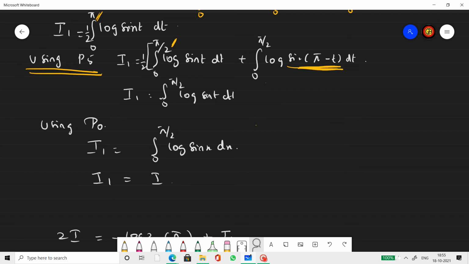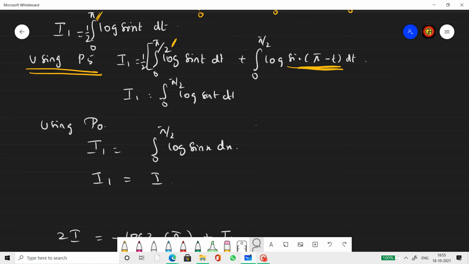So, t to x form, the 0 to pi by 2 limit remains as it is, log sine x dx will come. Now, this is nothing but the question itself from the limits perspective also and from the terms perspective also. So, we can write this as I. So, I1 is I itself.